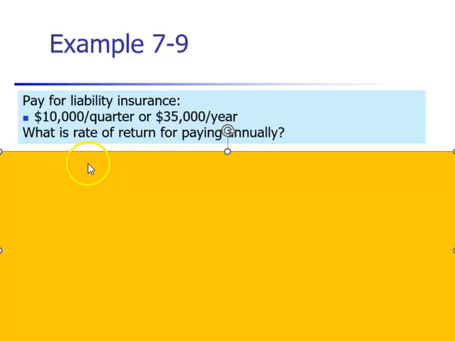Another example on this topic, for liability insurance: $10,000 quarterly in comparison to $35,000 per year. So just do it.